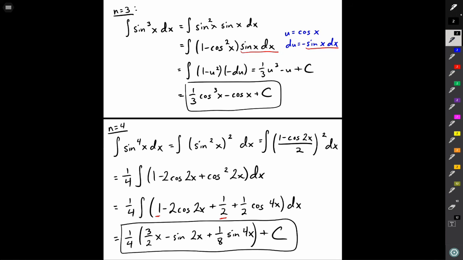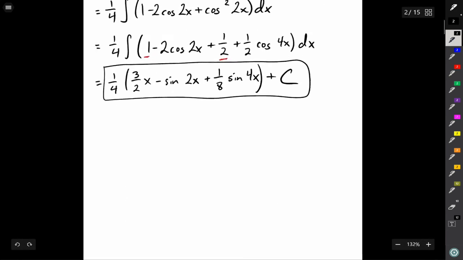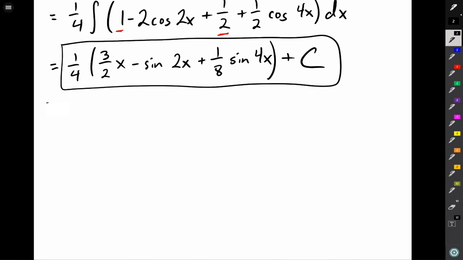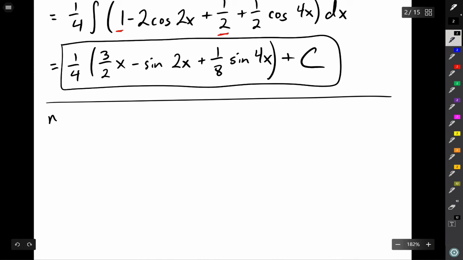So here, with n equals 3, let's say we had n equals 5. I won't actually compute the integral all the way, but let's say n is odd, right? So that means n is something like 2m plus 1. Right, m is some integer here.